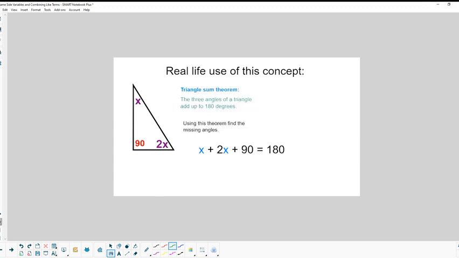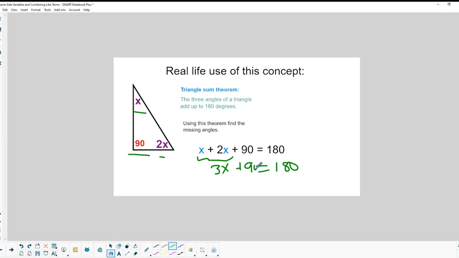So what would that look like? Well, first of all, we would set up an equation where we add the three angles together. X plus 2x plus 90, and they add up to 180 because of that theorem. Well, let's go ahead and solve this equation. Let's collect our like terms. X plus 2x is 3x plus 90 equals 180.